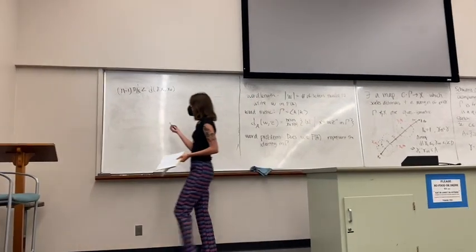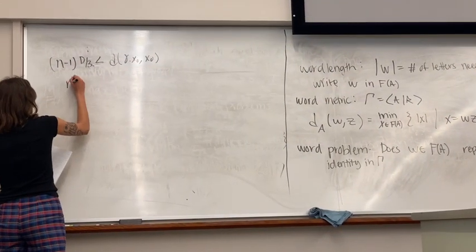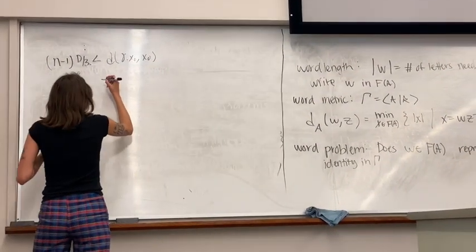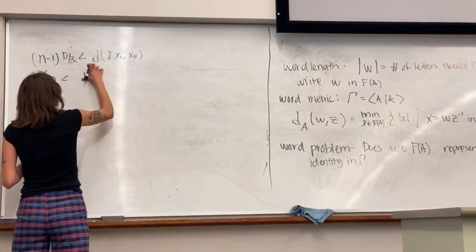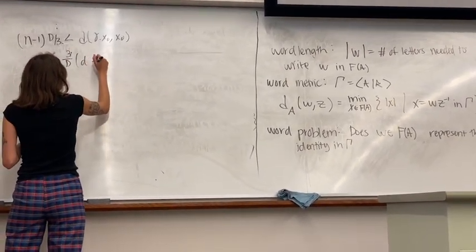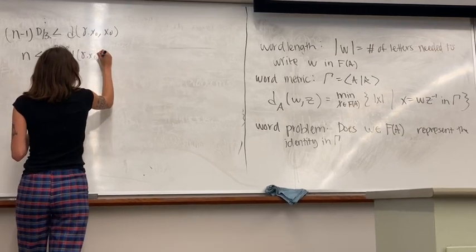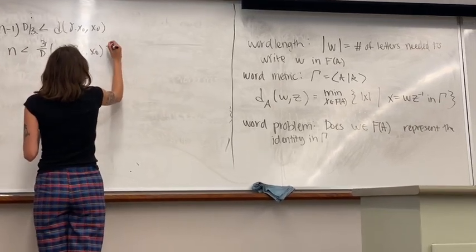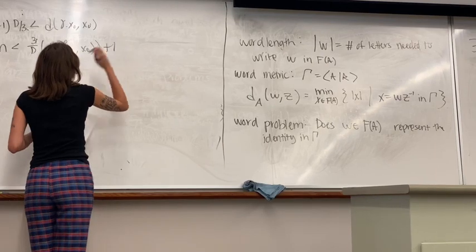And so a little bit of algebra tells us that n is strictly less than 3 over d times the distance from gamma dot x naught to x naught, plus 1.